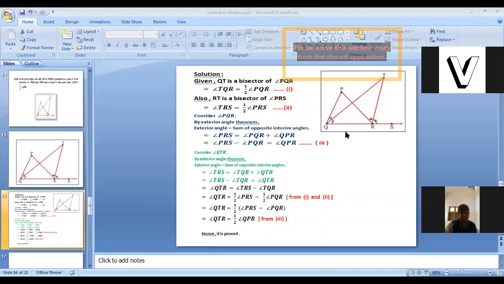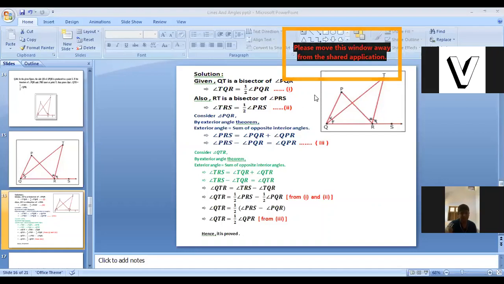Similarly, RT is the bisector of the exterior angle. Therefore, angle TRS is half of PRS. Yes or no? Yes, ma'am. This part is half of this angle. Now, these two you consider as 1 and 2.